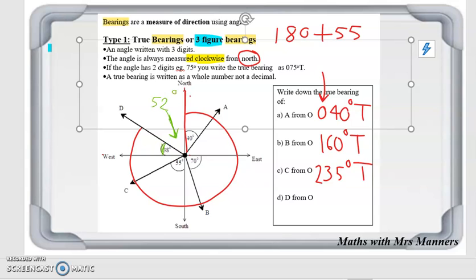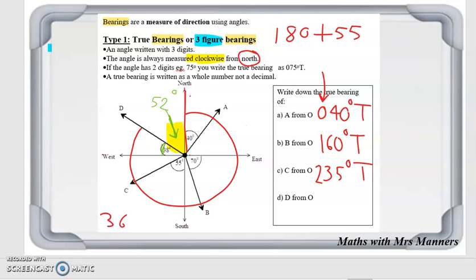Then you could say, I'm doing nearly a full 360, but I take out the 52. If you take away 52 degrees from 360, you would be left with 308 degrees true. So that's one way of figuring it out.